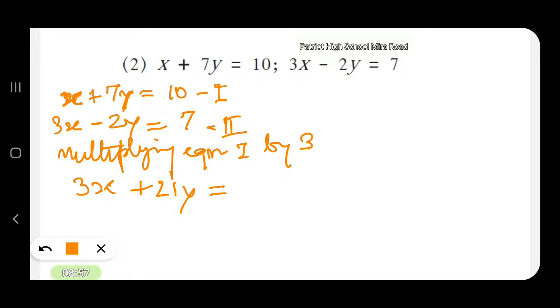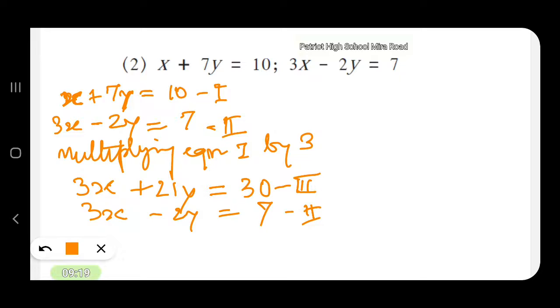And 10 multiplied by 3 is 30. So this is equation number 3. Equation number 2 we write below this. We just brought it down over here.